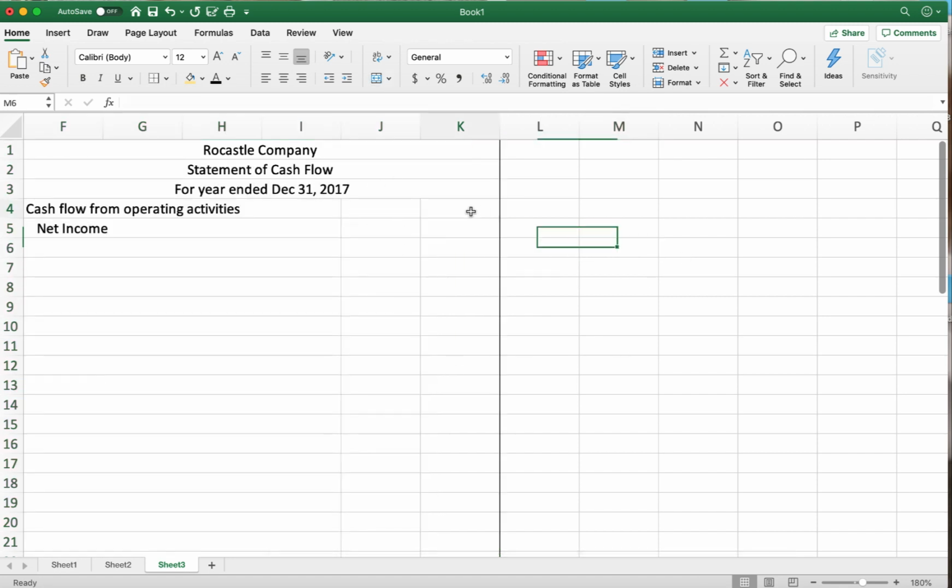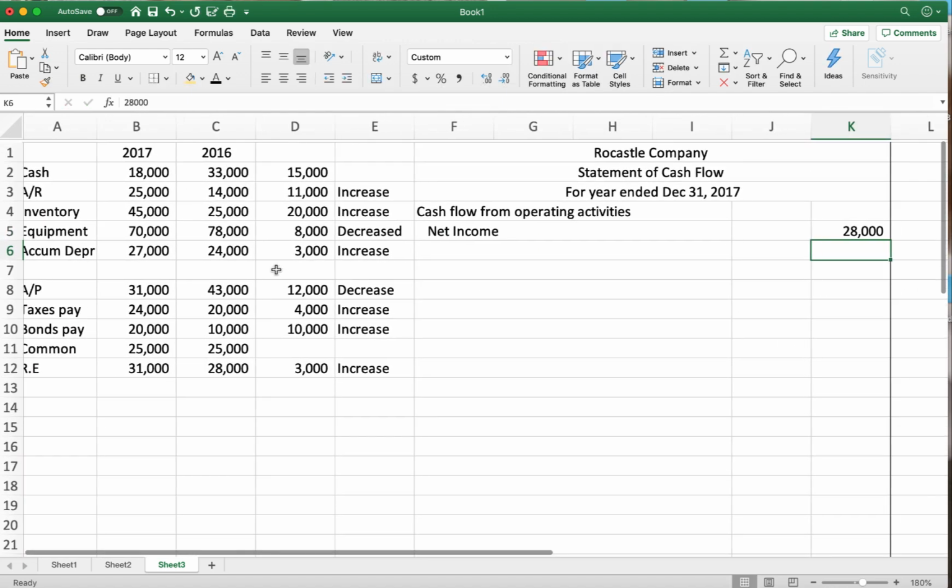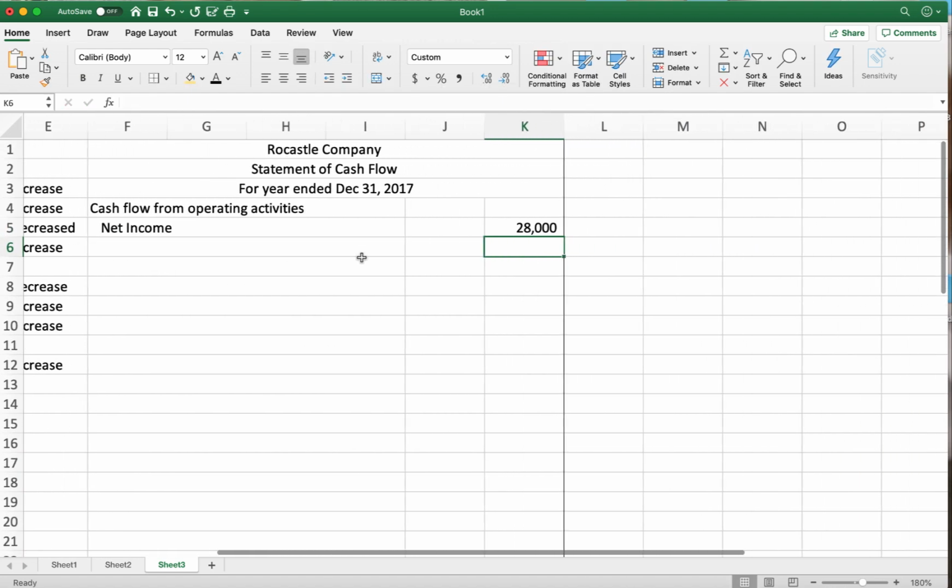Okay, there we go. So I'm coming all the way over to the end of my report and I'm typing in my net income. And if I look at the problem, they tell us the net income was 28 grand. Cool. No problem. 28,000. Okay. Sorry, my mouse is a little touchy here.